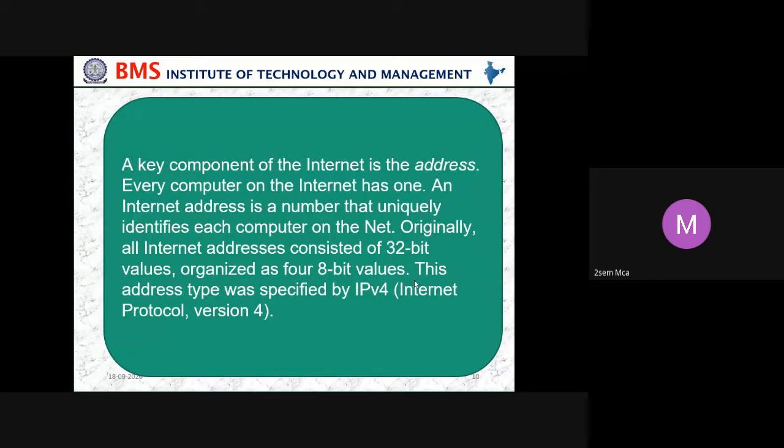Originally, all the internet addresses consisted of 32 bits. So earlier, how was the thing? People were using very little internet, maybe 30 or 40 years back. So they were using only 32-bit values, organized as 4 bytes. This address type was specified by IPv4.